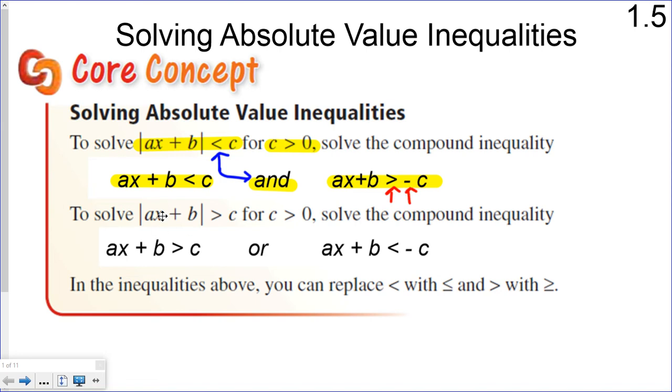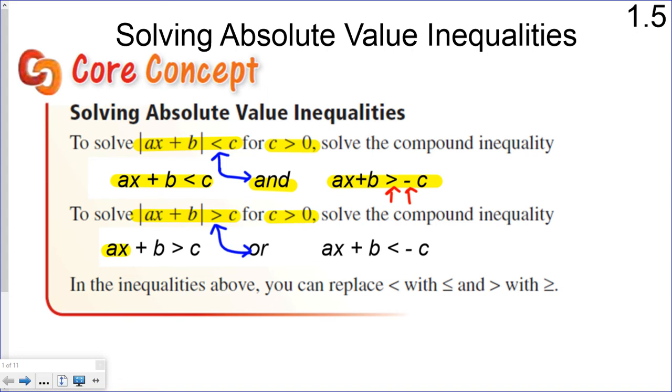On the other hand, if we have the absolute value of ax plus b is greater than c, when c is bigger than 0, it is an or. These are things that you really need to make note of whenever you're working these problems. Make sure this is a very important page that you keep handy.